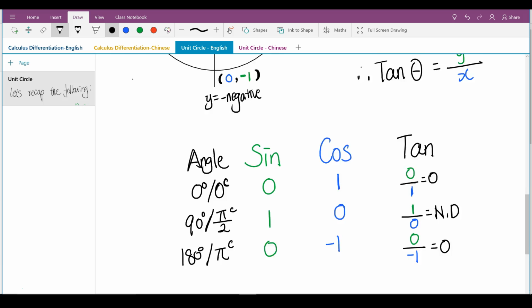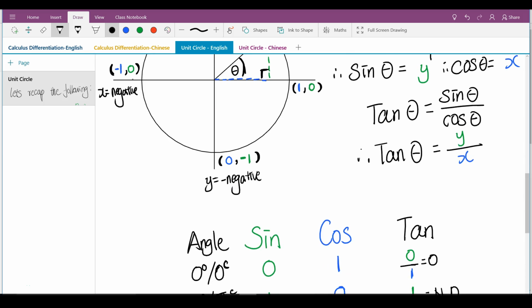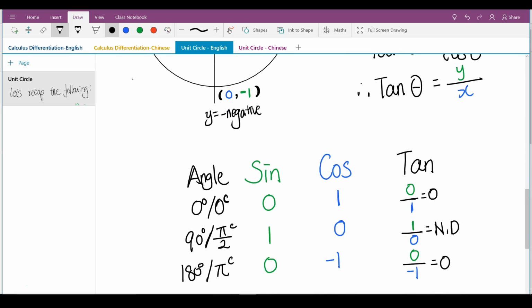Right? Next one. At here, which is our 6 o'clock position. Right? Which will be 90 degrees more than 180, so that would be 270 degrees. All right. So we've got an x coordinate of 0 and a y coordinate of -1.